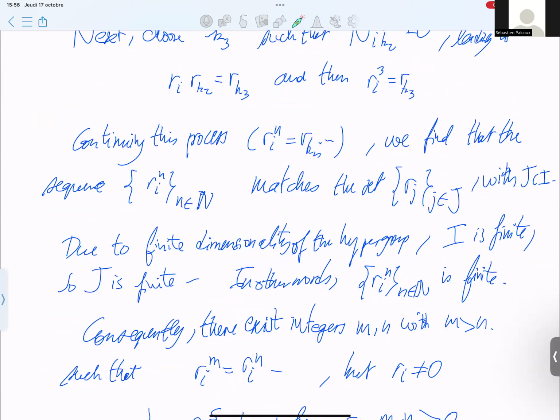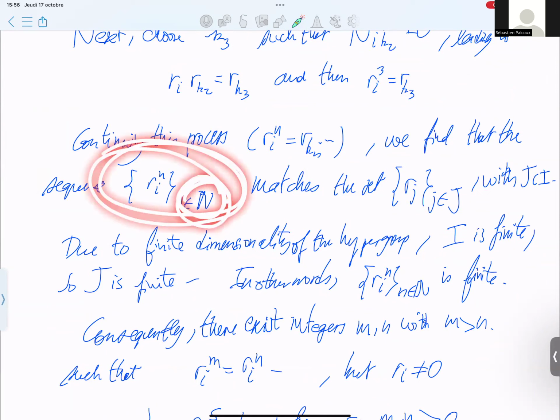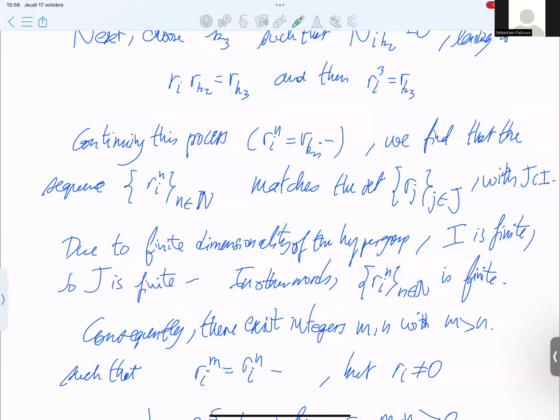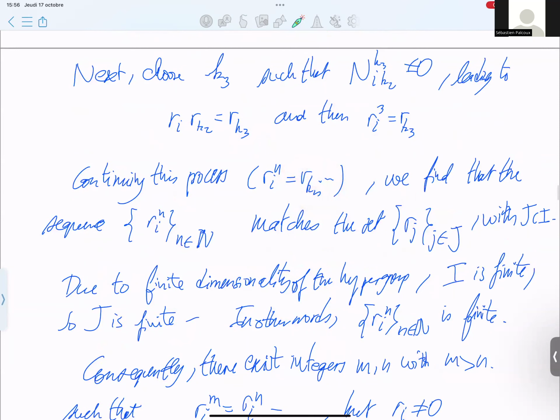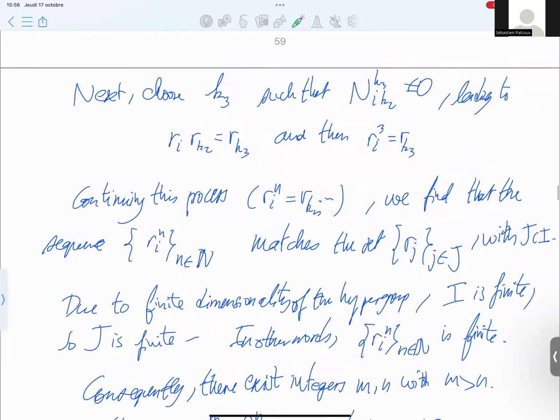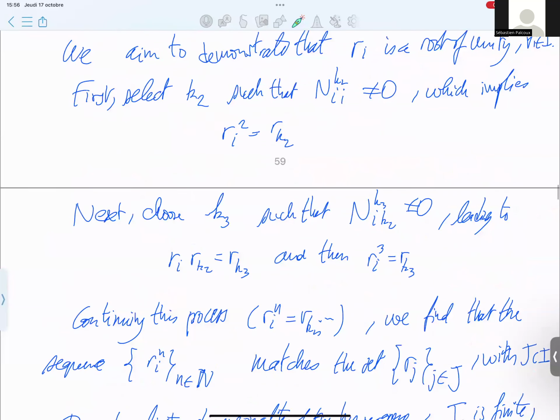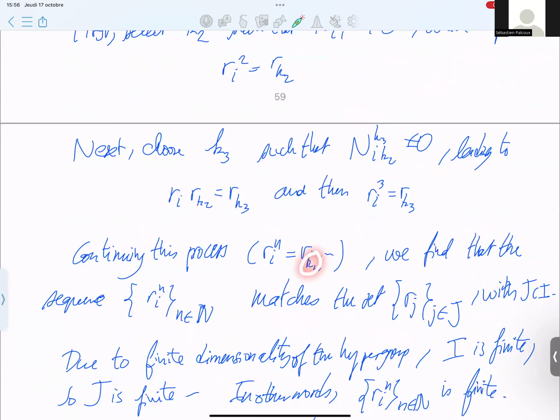But because it's finite dimensional, in fact, this sequence should be finite, because you recover the index. Taking power n means you need to find a new index.